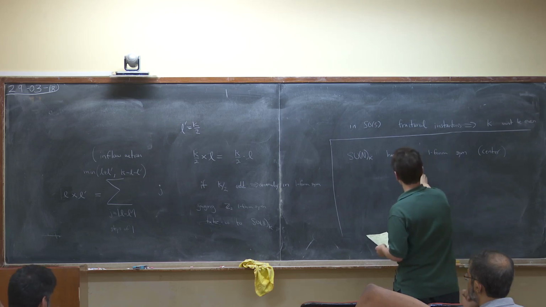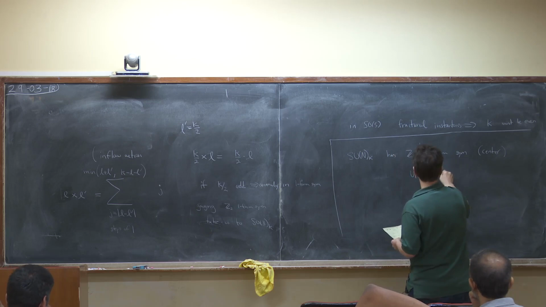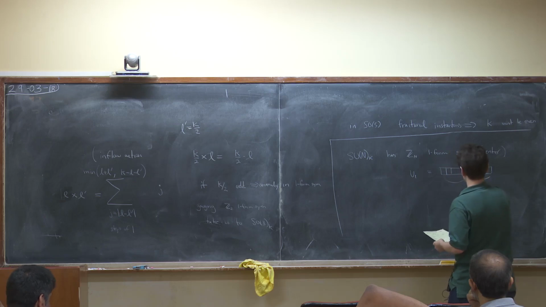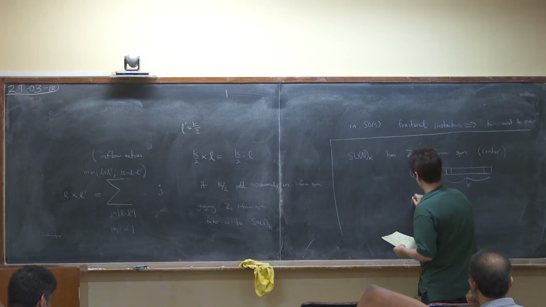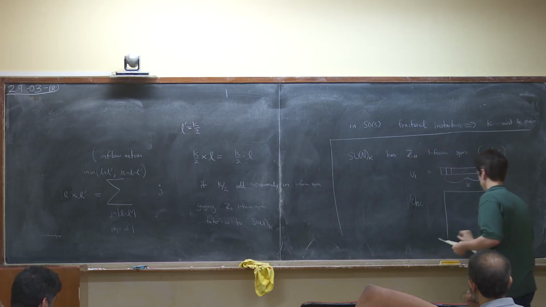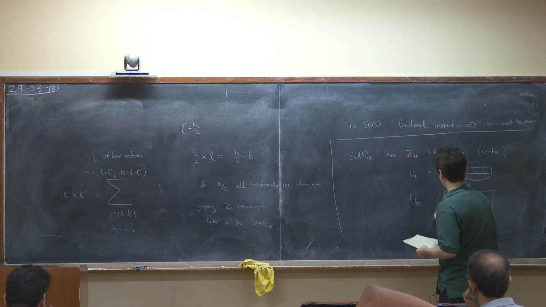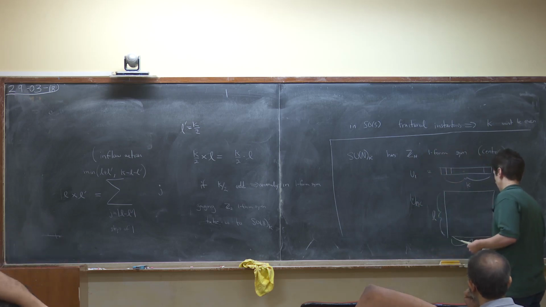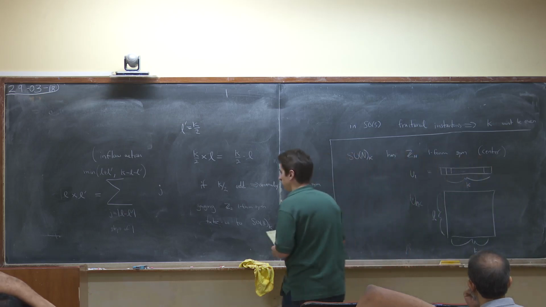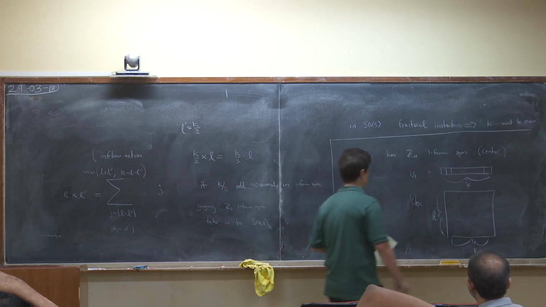So the generator, let's call it U_1, is the symmetric representation on k boxes. And it continues: U_L, where L runs up to capital N, is a square tableau which is L by k. Everything works very similarly.